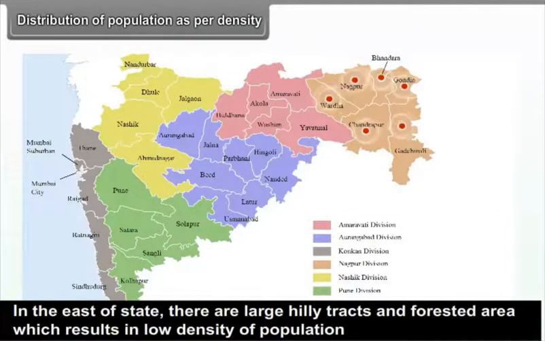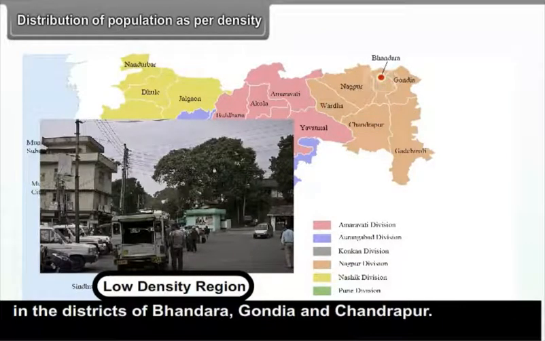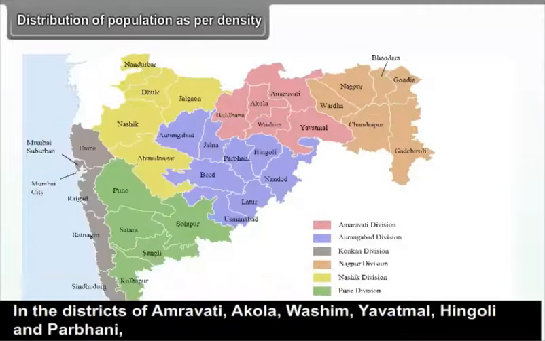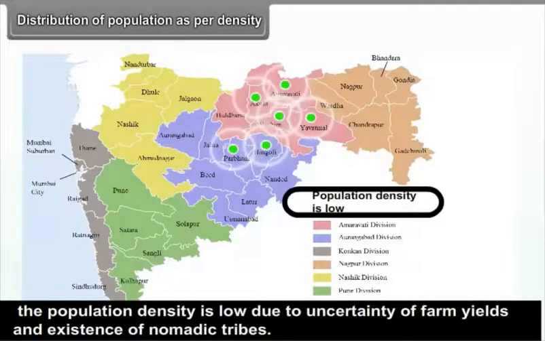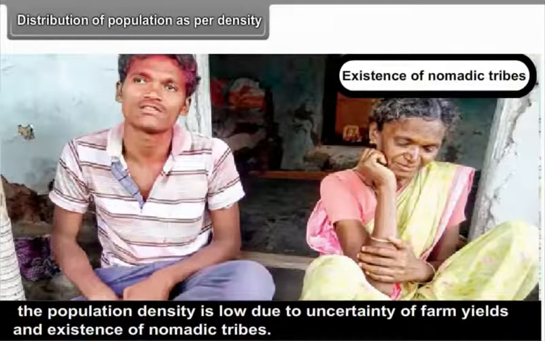In the east of the state, there are large hilly tracts and forested areas, which result in low density of population in the districts of Bhandara, Gondia and Chandrapur. In the districts of Amravati, Akola, Washim, Yavatmal, Hingoli and Parbhani, the population density is low due to uncertainty of farm yields and existence of nomadic tribes.